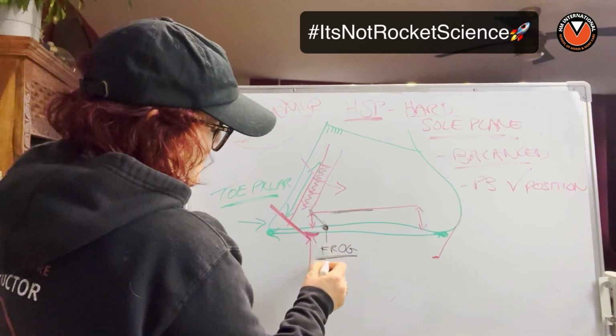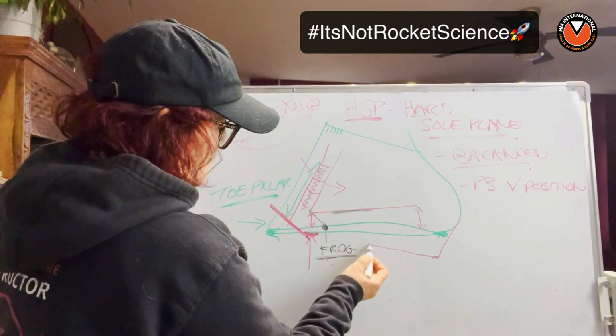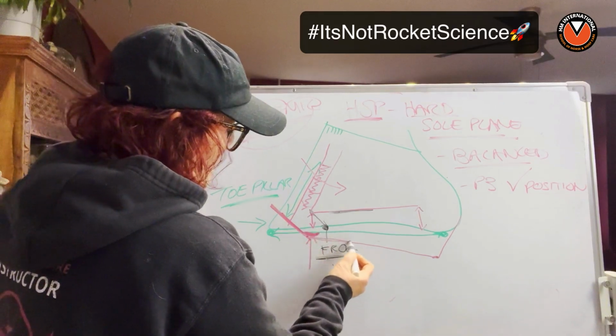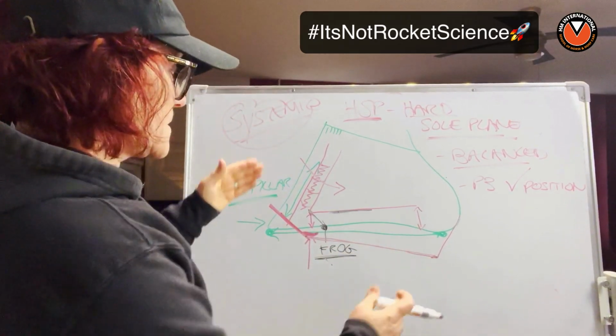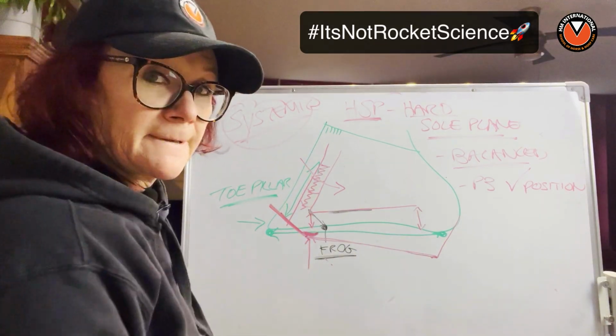So rather than this growing down like this, the hoof capsule begins to change. And that becomes your new balance point. The horse is now walking on this plane instead of that plane.